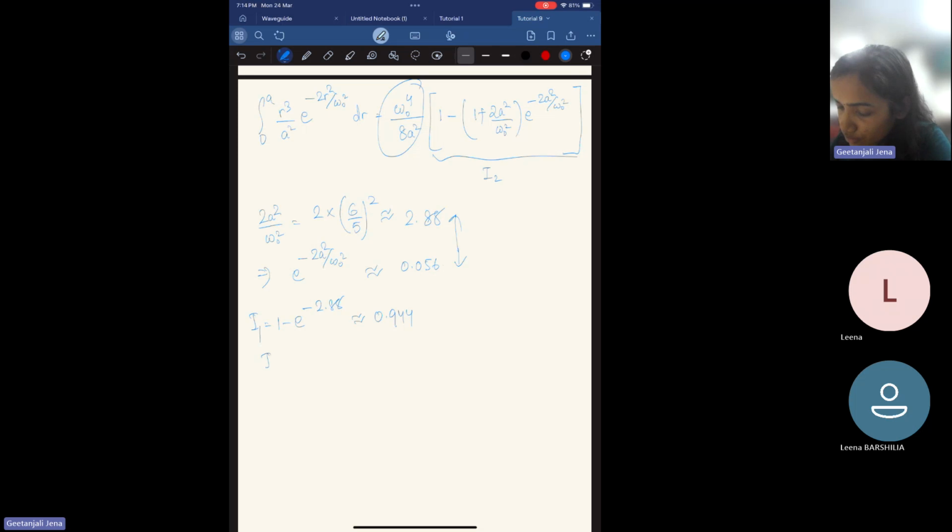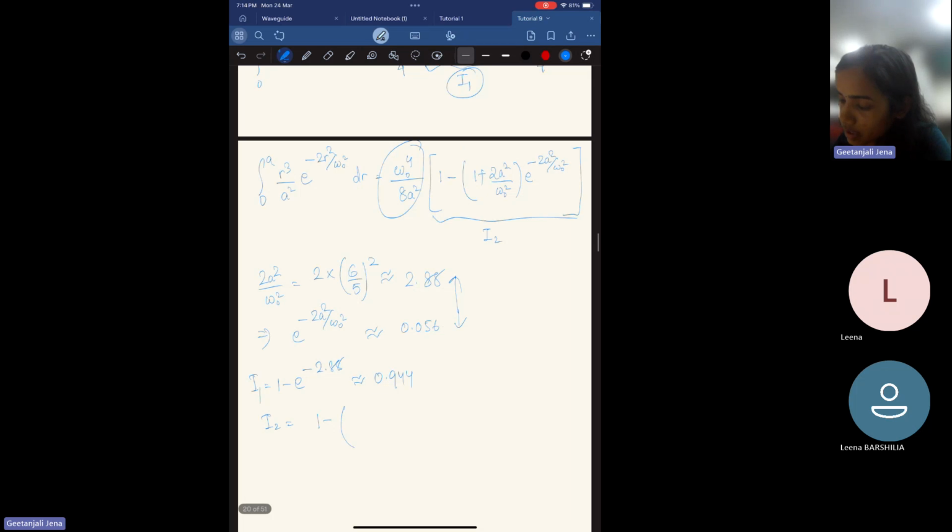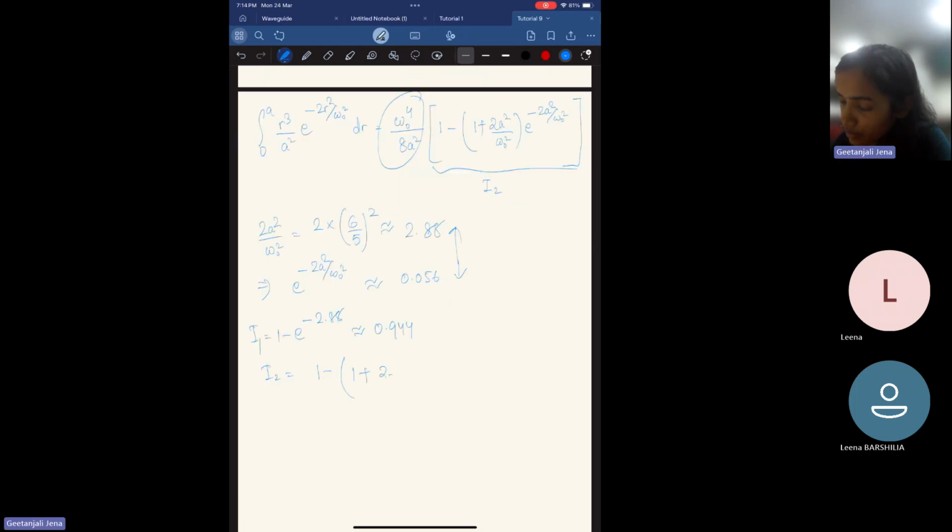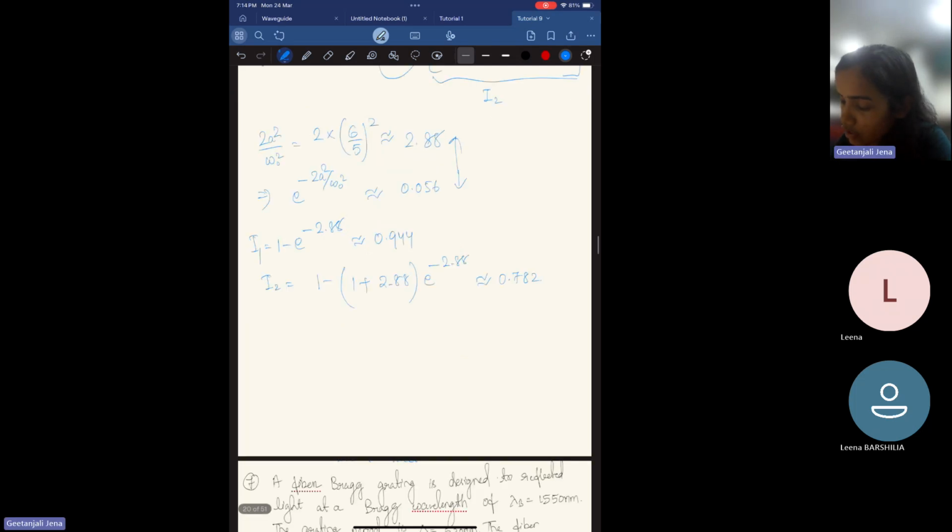For I2, we have 1 minus 1 plus 2.88 times e to the minus 2.88, which will come around 0.78. So we know I1 and I2 now.